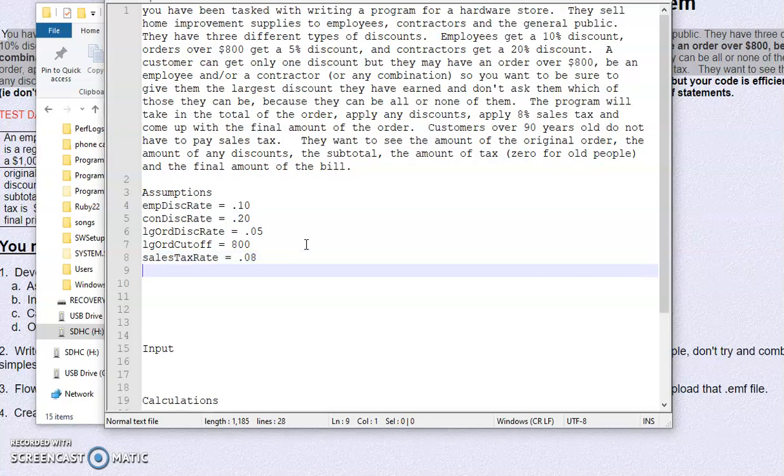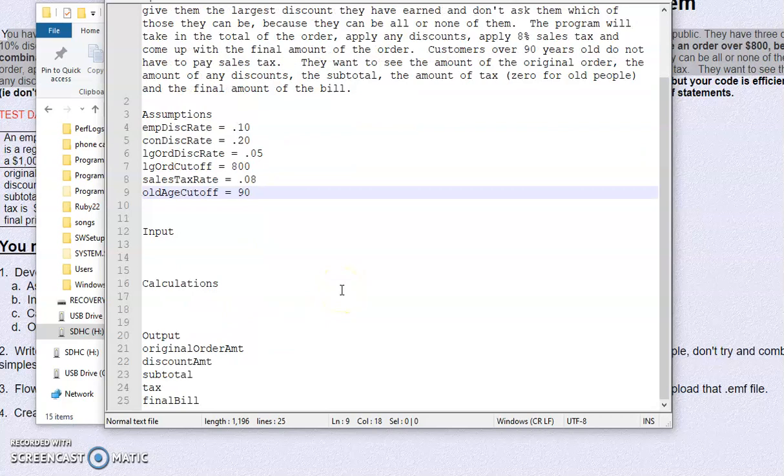So we'll have an old age cutoff equals 90. One thing I allow you to do is if you ask them, are you over 90? And they say yes, then they get the 0 sales tax. You can do that, or you can do it by the age. I'm going to do it by age. Them asking what their age is, and then they type it in. All right, so that's all my numbers.